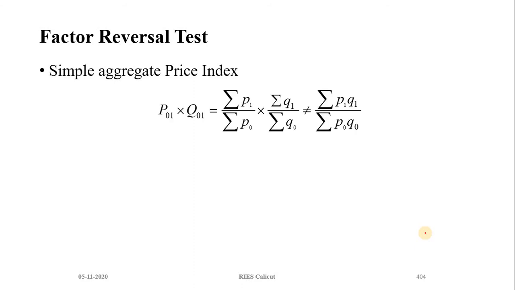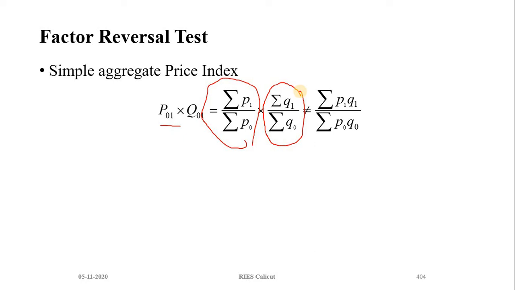Look at this P01. What is P01? Sigma P1 divided by sigma P0. Then what is Q01? You change this P to Q: sigma Q1 divided by sigma Q0.